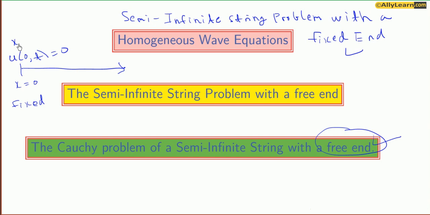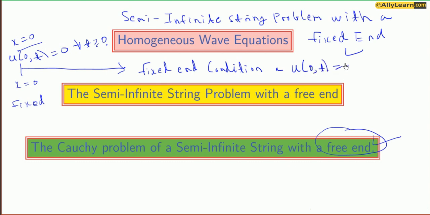That is, displacement at x equal to 0 was 0 for all times t. So we had the fixed end condition as u(0, t) equals 0. So this was the mathematical expression for the fixed end condition.